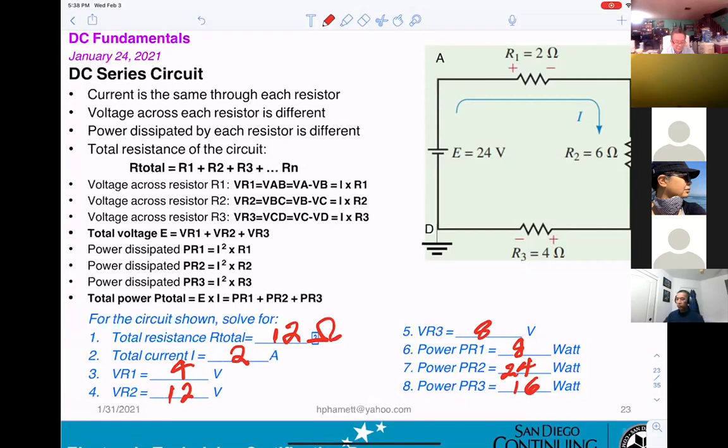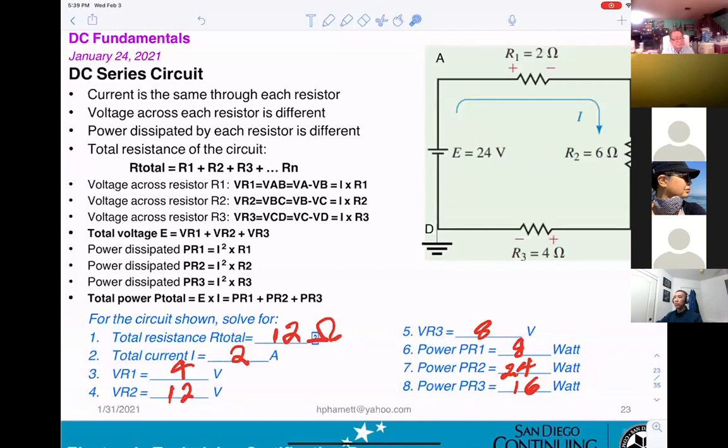Okay, I already said in here, total resistance equals R1 plus R2 plus R3, plus more if you have more. So now you get 2 ohm adding 6 ohm adding 4 ohm, you get 12 ohm.